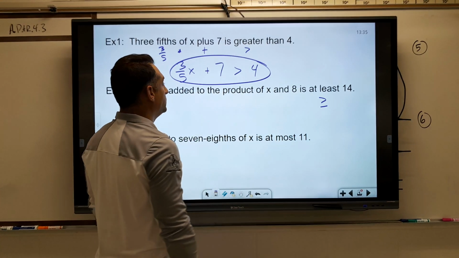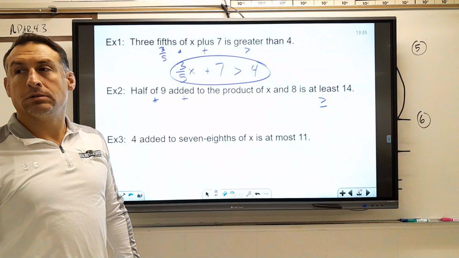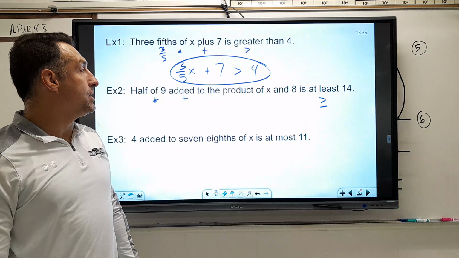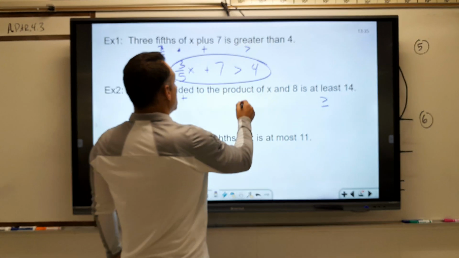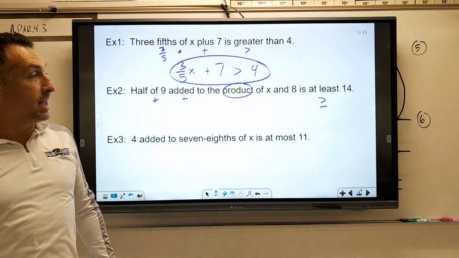Anything else? Got more multiplication, right? There's some multiplication there between the x and the 8.